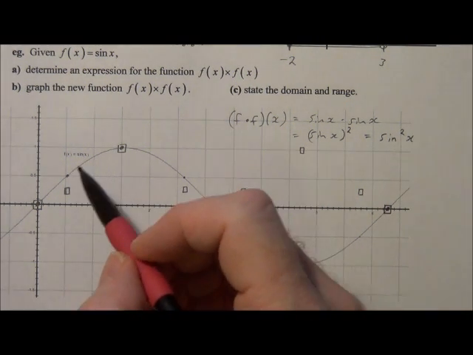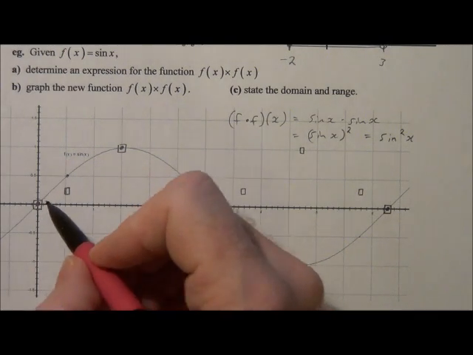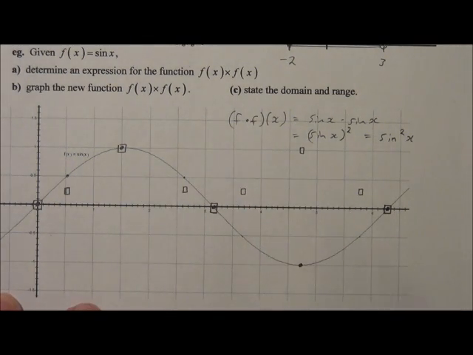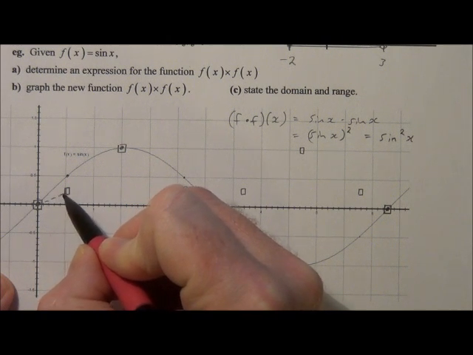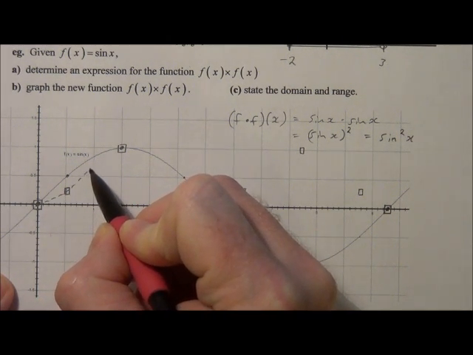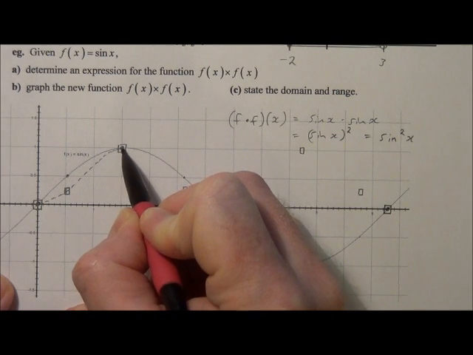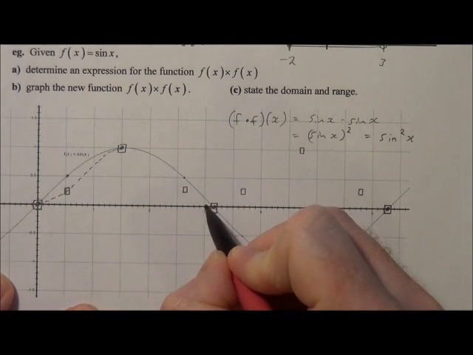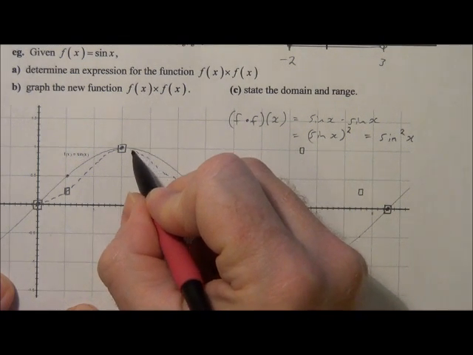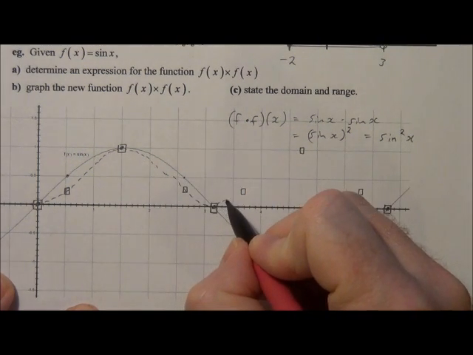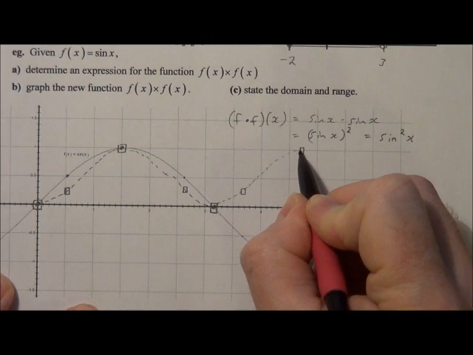So basically, we're going to have a graph, and I'll just do a dotted graph just to distinguish it. This graph is going to be going up like this, up to 1, and then up to the other side here, and then again up to 1.